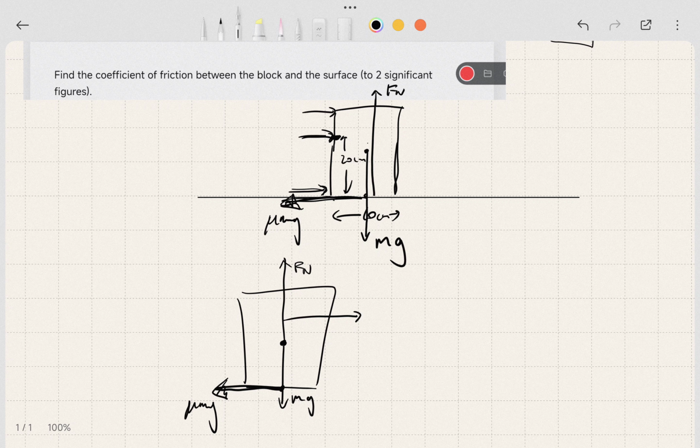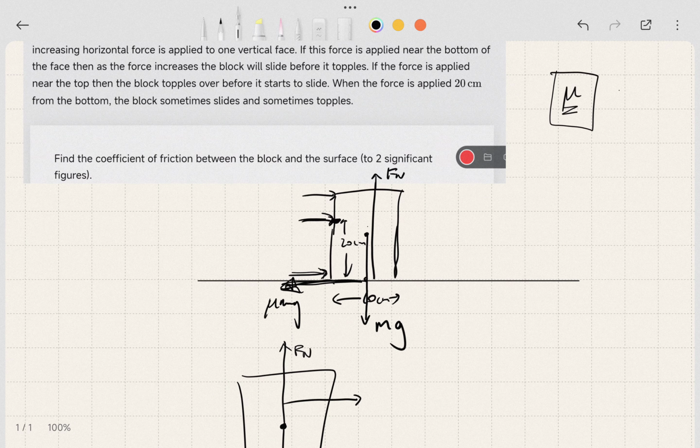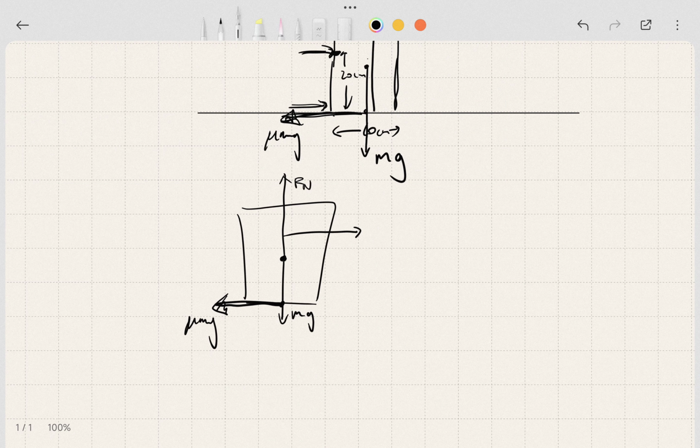So if we let the distance here be r, let's say this is r, this portion here would obviously be 20 minus r, right? Because the distance between here and here is 20.